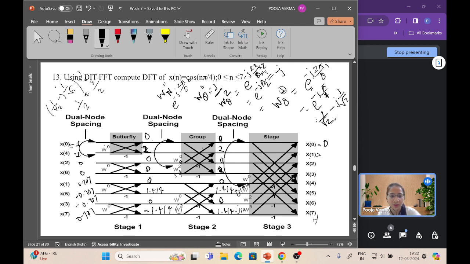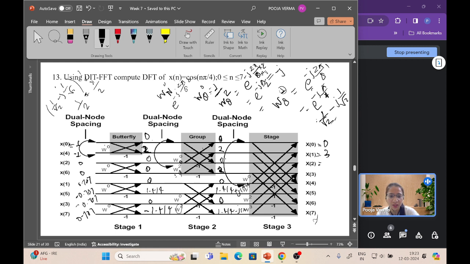That will come, I think, 0. Here you will get, I think, 2, or can anyone verify it? 2 in this multiplied. So 1 by root 2 plus j 1 by root 2 and 1 by root 2 minus j 1 by root 2. So that will be, I think, 1 by 2, 1 by 2, 1. So here we will get 3. 2 plus 1, 3. Right?